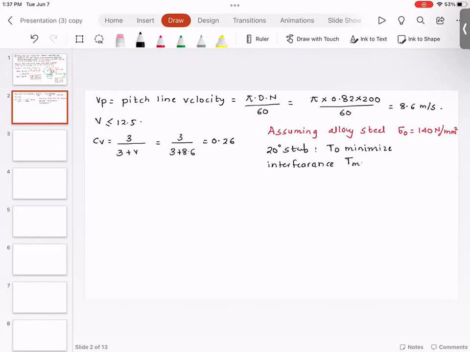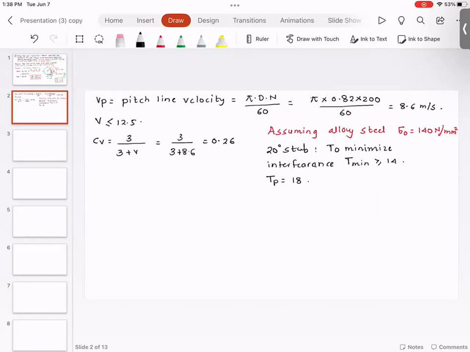So T minimum should be greater than or equal to 14. Let's use the number of teeth on pinion equal to 18. So 18 is the number of teeth on pinion.